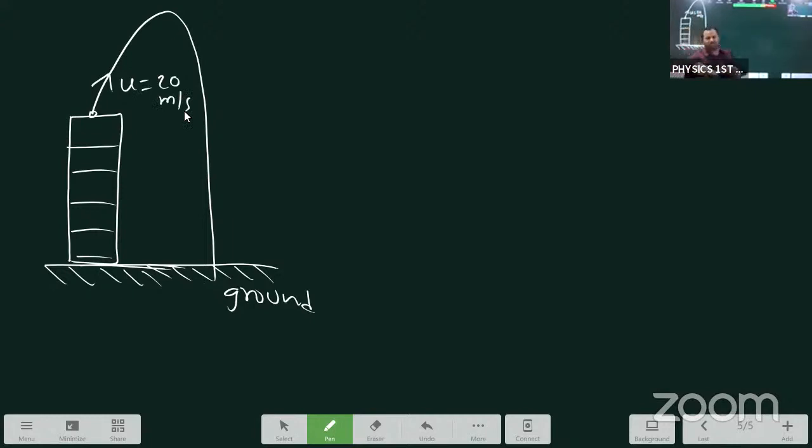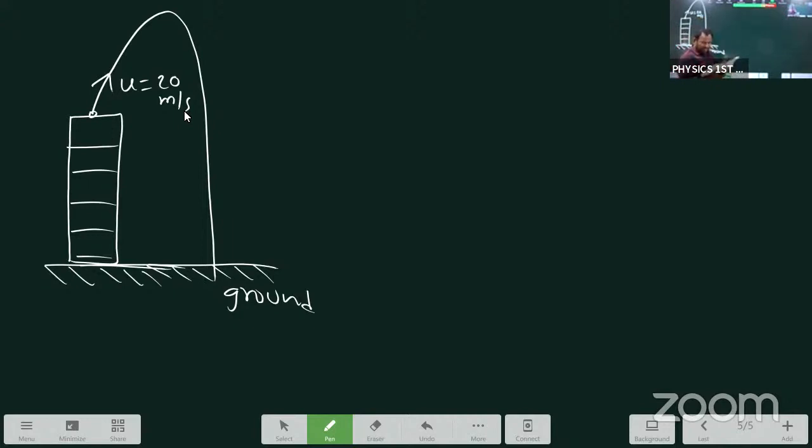Multi-story building means first floor, second floor, like that, different floors. A ball is thrown vertically upwards with a velocity of 20 meters per second from the top of the multi-story building.